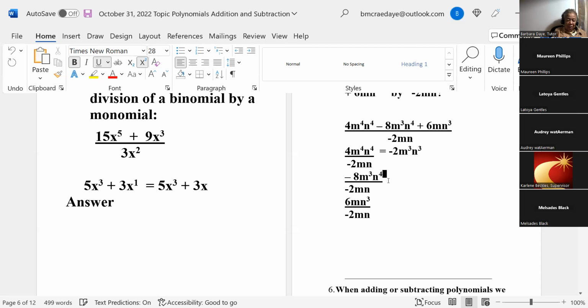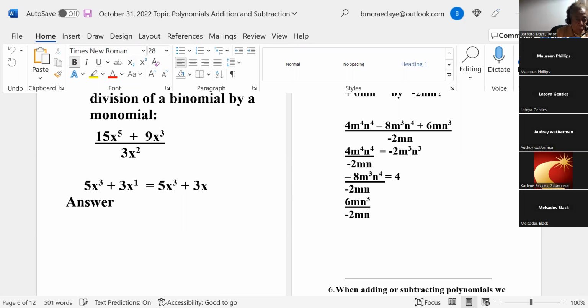Okay, now we're going to our second monomial over monomial. Mercedes, now tell me what you get for this one. First, minus 8 divided by minus 2 gives you what? Plus 4.